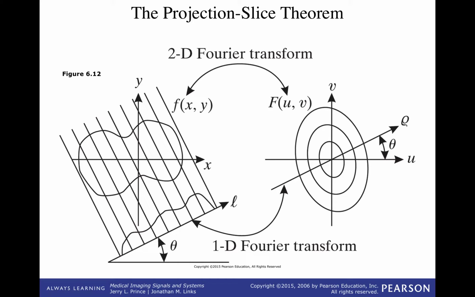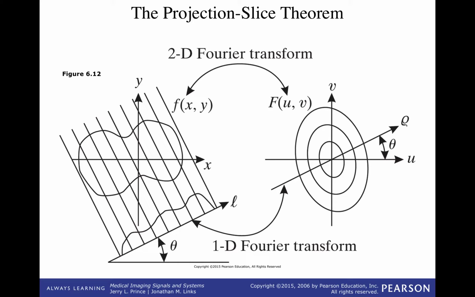So we're going to understand by the end of this lecture, I hope, what we have to do to those projections, the g(l, theta) projections, in order to make the back projection method work correctly. Right now, it's not working that well because we're getting blurry pictures with all that stuff in the background. It's painting data out into space where there is no data.